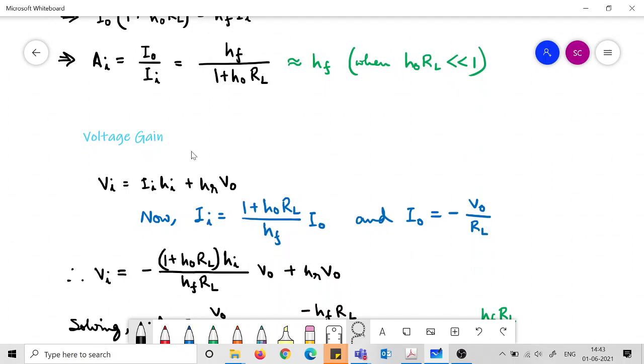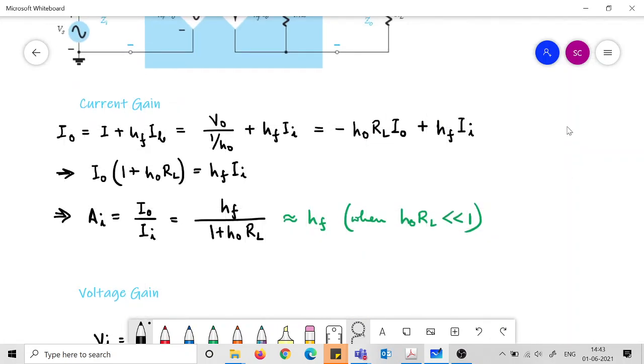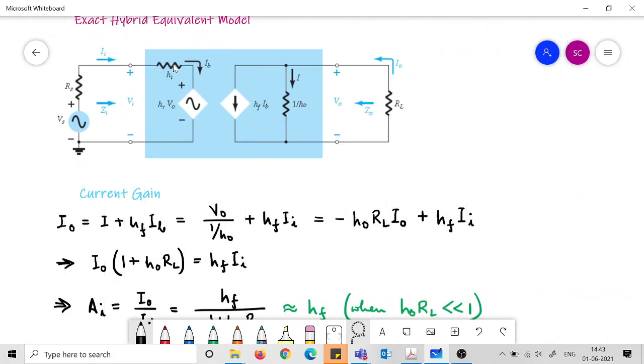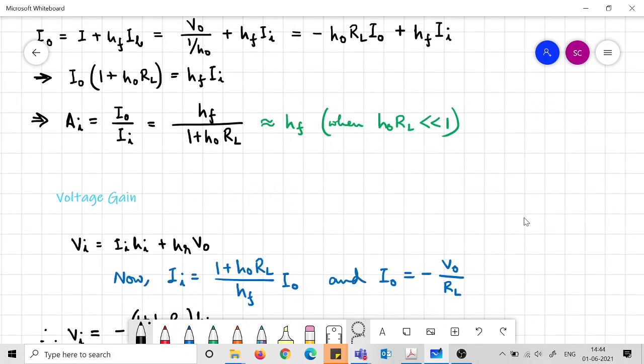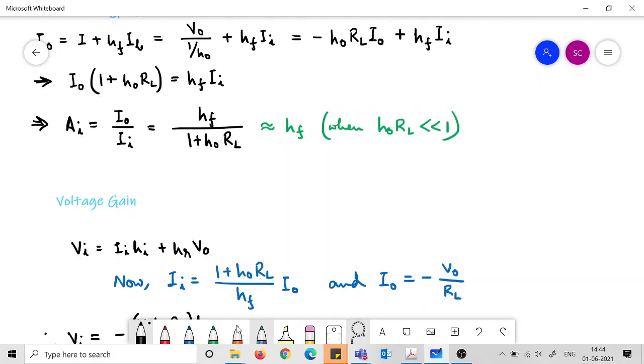Then comes the voltage gain. What is VI? VI is this drop plus this voltage. So it is II HI plus HR VO. Now note that II is already related to IO.